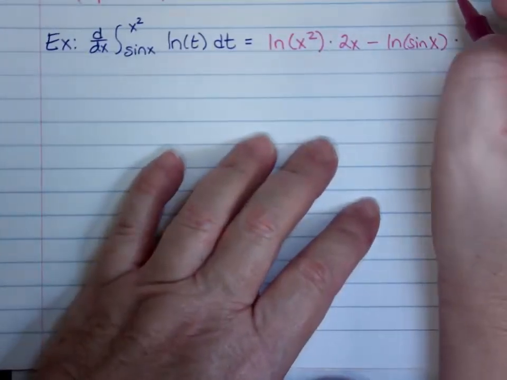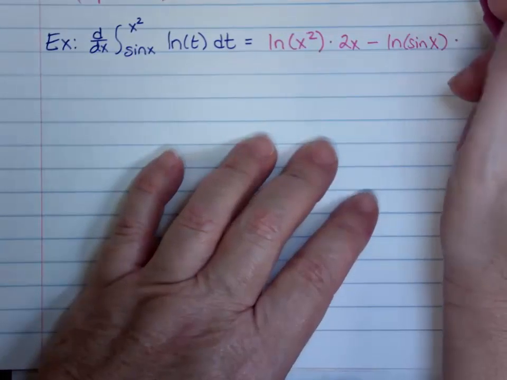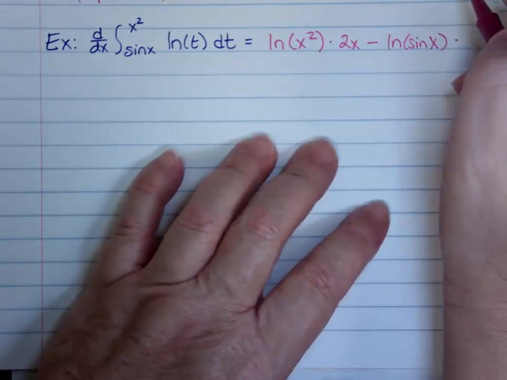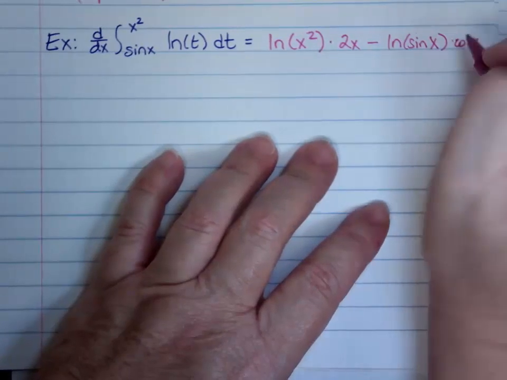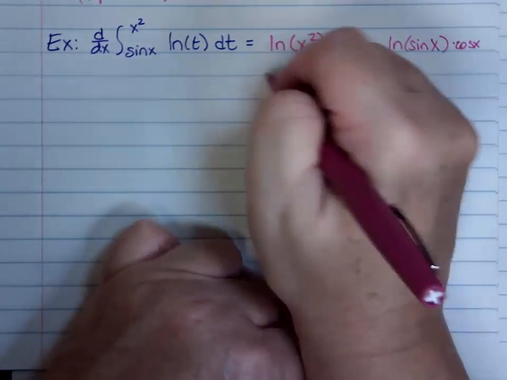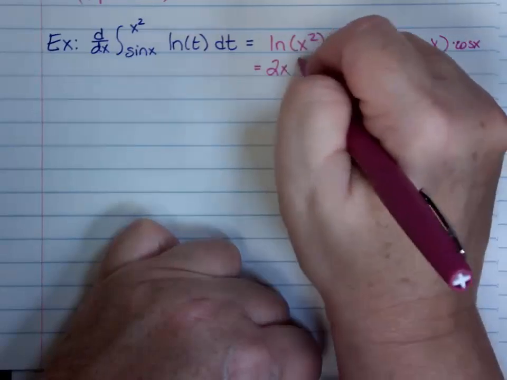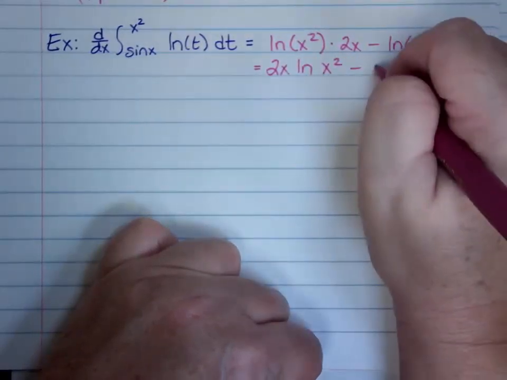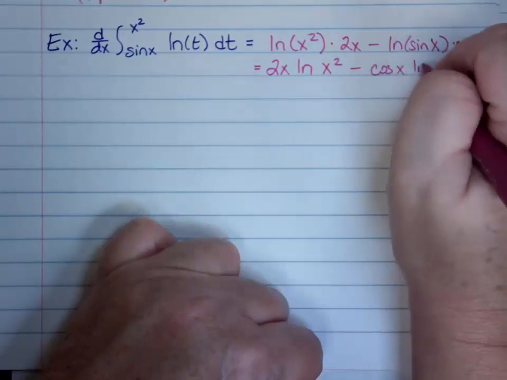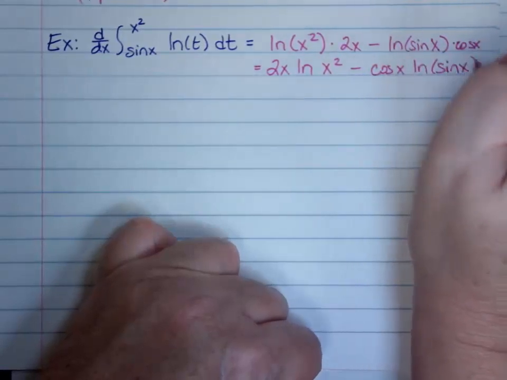What's the derivative of sine? Negative. Oh, no. Just cosine. So this is 2x ln x squared minus cosine x ln sine x, and we're done.